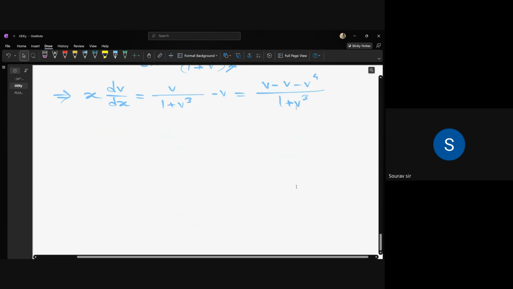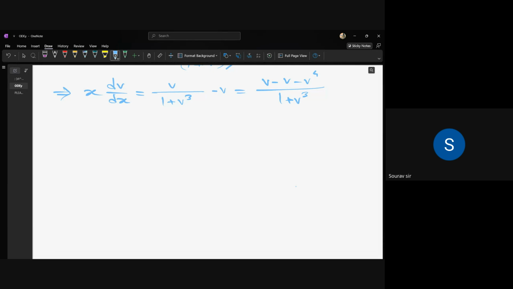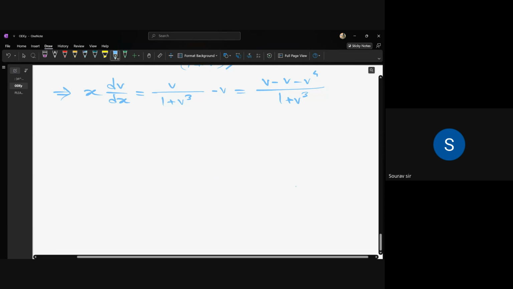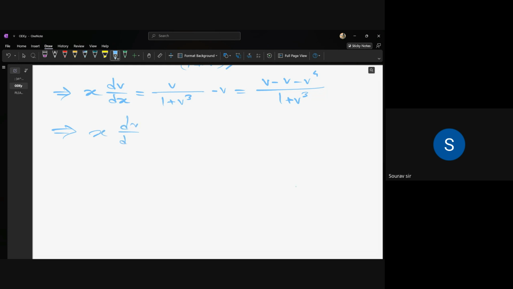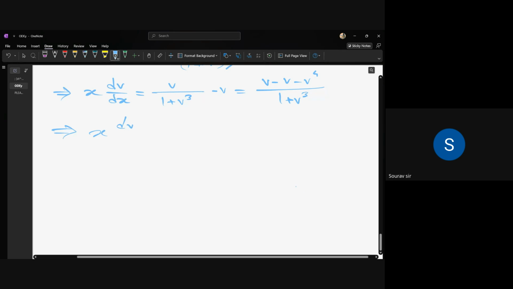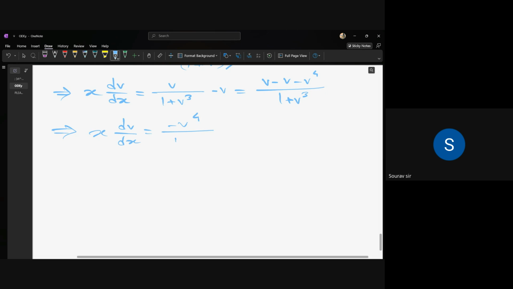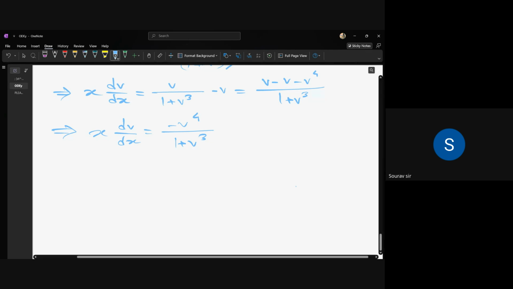So x dv by dx is equal to minus v to the power 4 by 1 plus v cube.